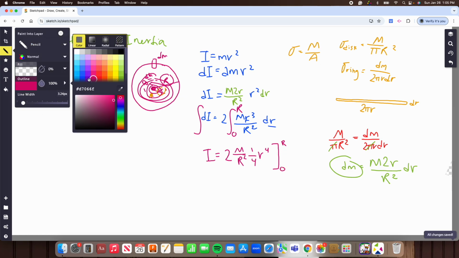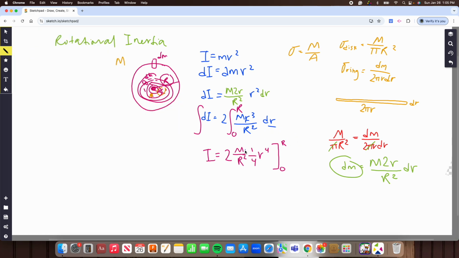I'm sure you know how to do this, but we plug in the capital R first, and we subtract what we get when we plug in our 0. So 0 times 0, blah, blah, blah, that's 0. So I'm not even going to bother doing that. I'm just going to plug capital R into this equation. So we get I equals 2 M, my bad, that's supposed to be a capital M, over capital R squared times 1/4, and then we bring that capital R in for this lowercase r, to the 4th.